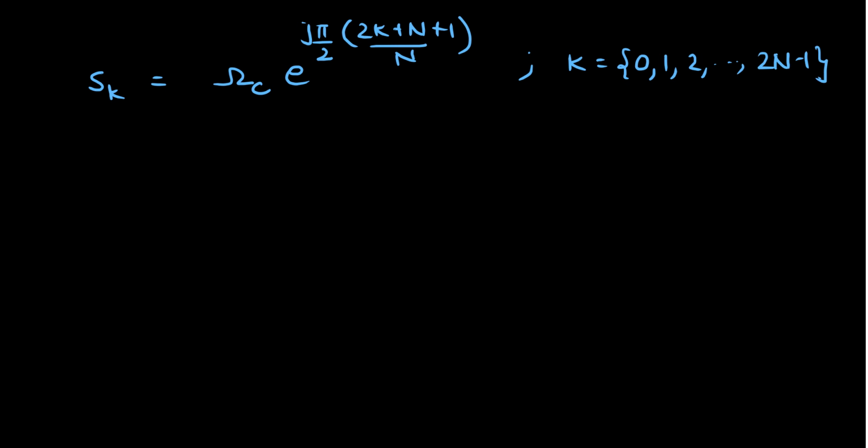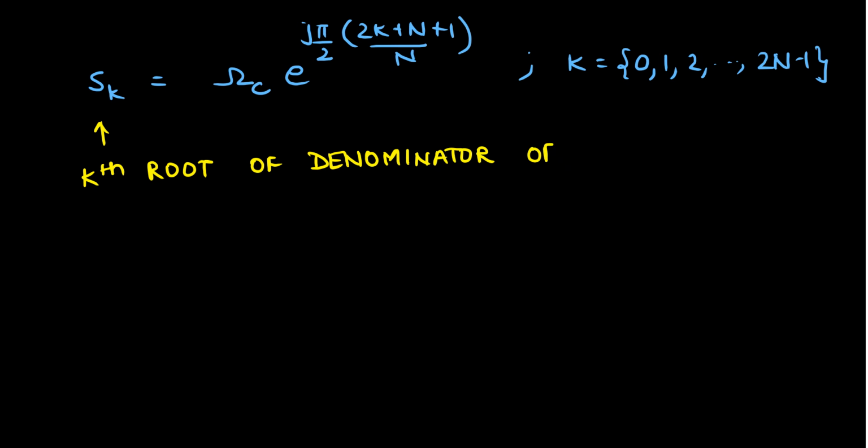So basically this sk is the kth root of the denominator of h of s into h of minus s.